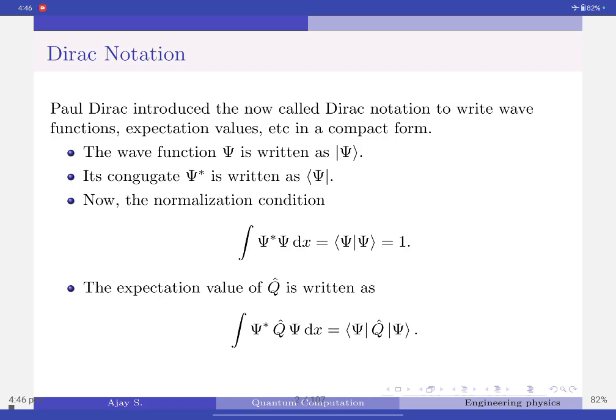And any expectation value of a quantity, say Q hat is the operator corresponding to the observable, then the expectation value of the observable is written by sandwiching the operator between bra psi and ket psi.